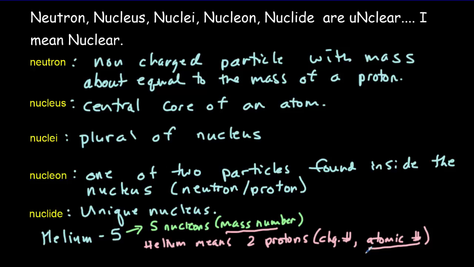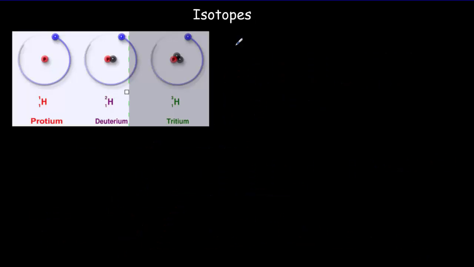So we'd speak of hydrogen 1, hydrogen 2, and hydrogen 3 as being different nuclides. They turn out also to be different isotopes, and that's what we're about to talk about now. An isotope is a nuclide with the same number of protons.